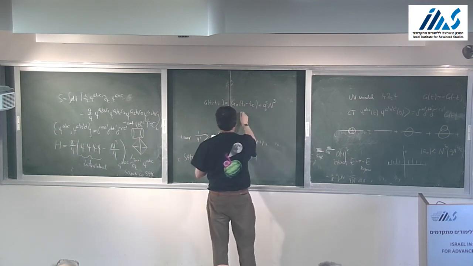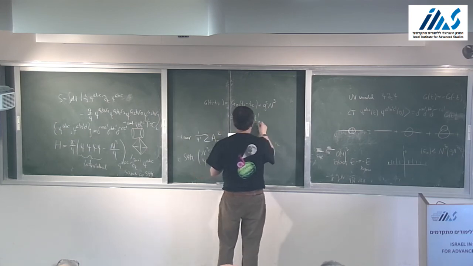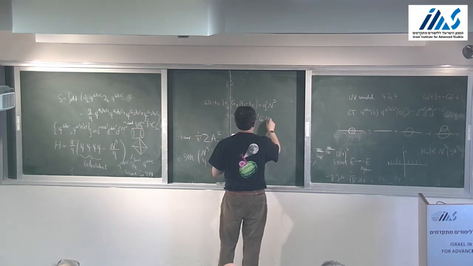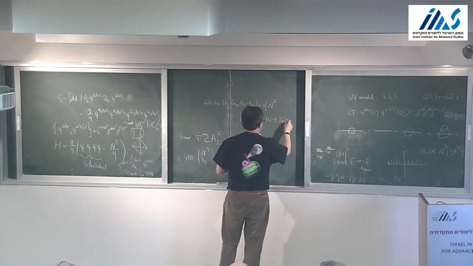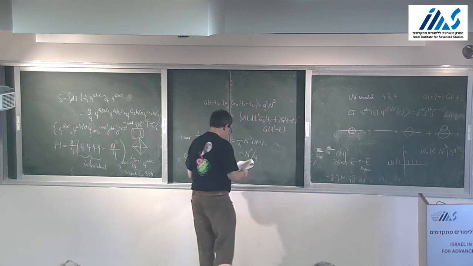And then here you have double integral dt prime, g0 of t1 minus t, g of t minus t prime, and then cube, and then g of t prime minus t.